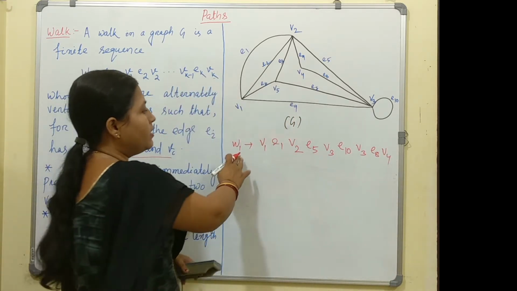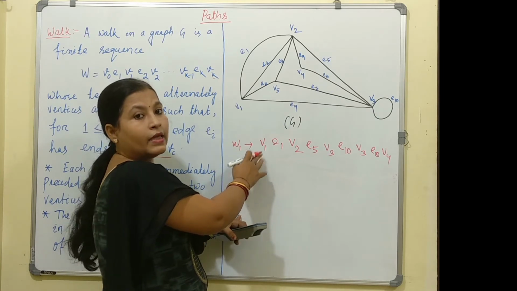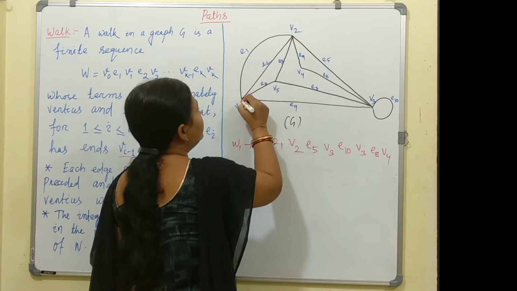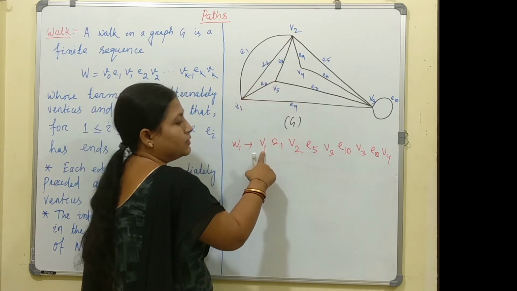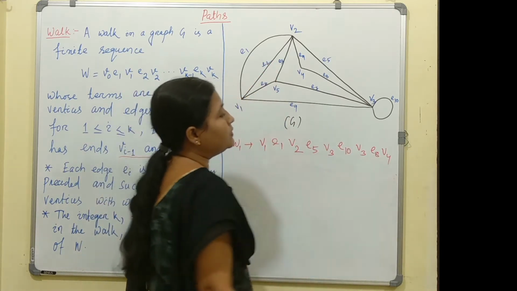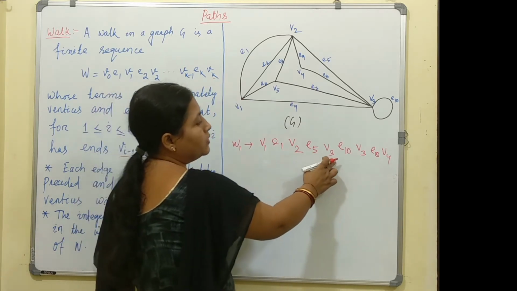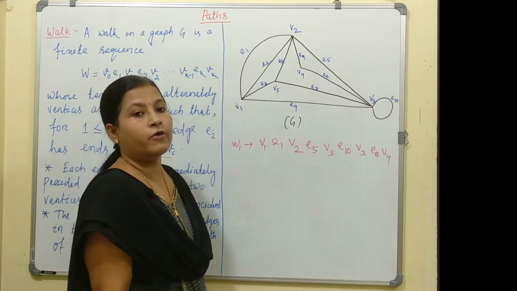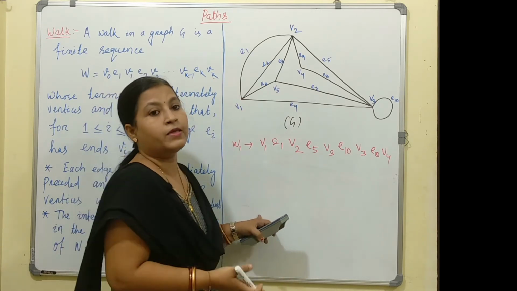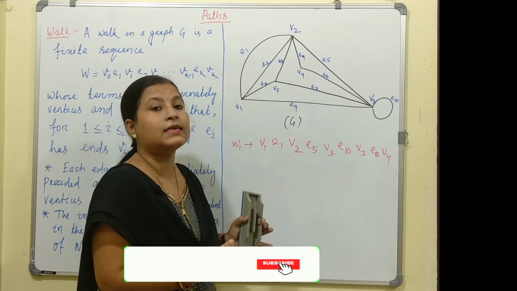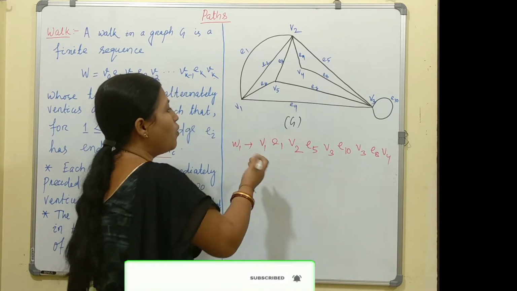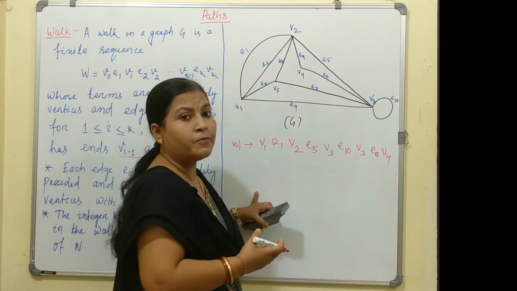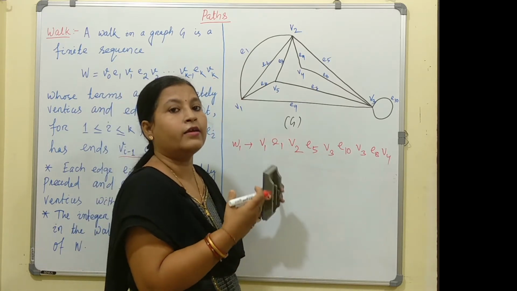Here W1 is a walk whose starting vertex is V1 and end vertex is V4, and V2, V3 and V3 are the internal vertices. So there may be repetition of vertices and edges. In a walk, a number of vertices and edges can be repeated.